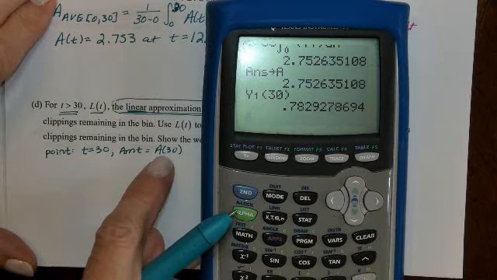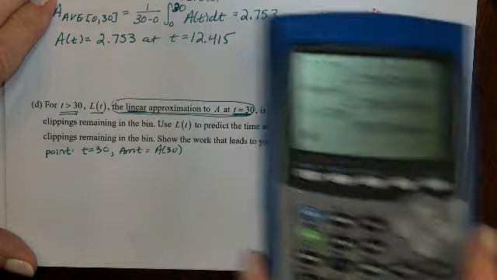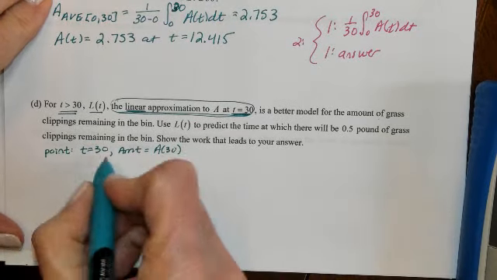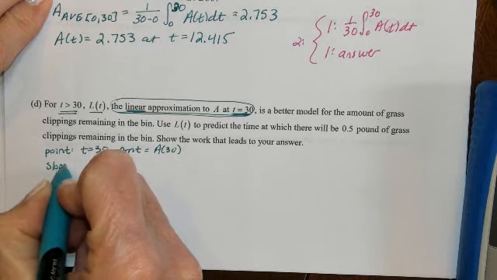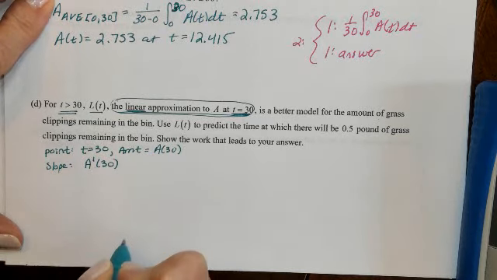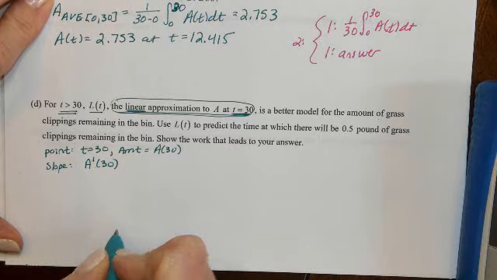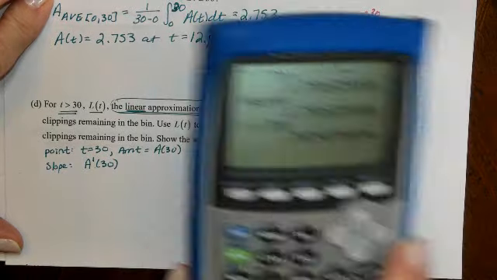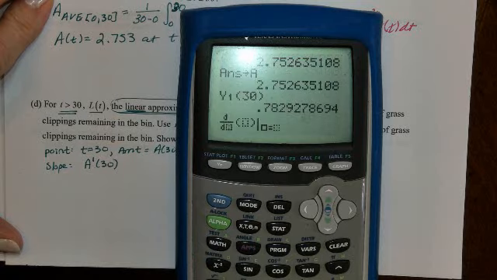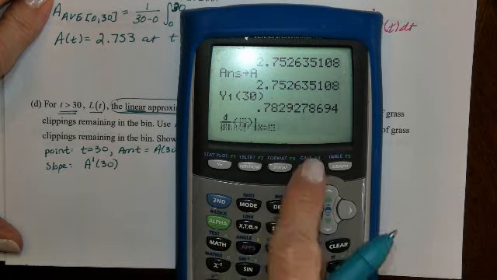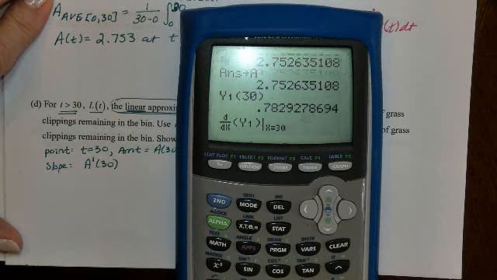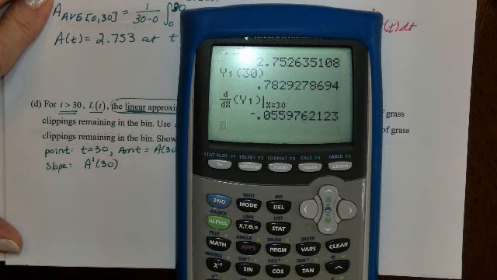I think I'm just going to leave it like that though. For the slope, it's A prime at 30. We could find a value for that as well because we know what A is. A prime at time 30 is that.